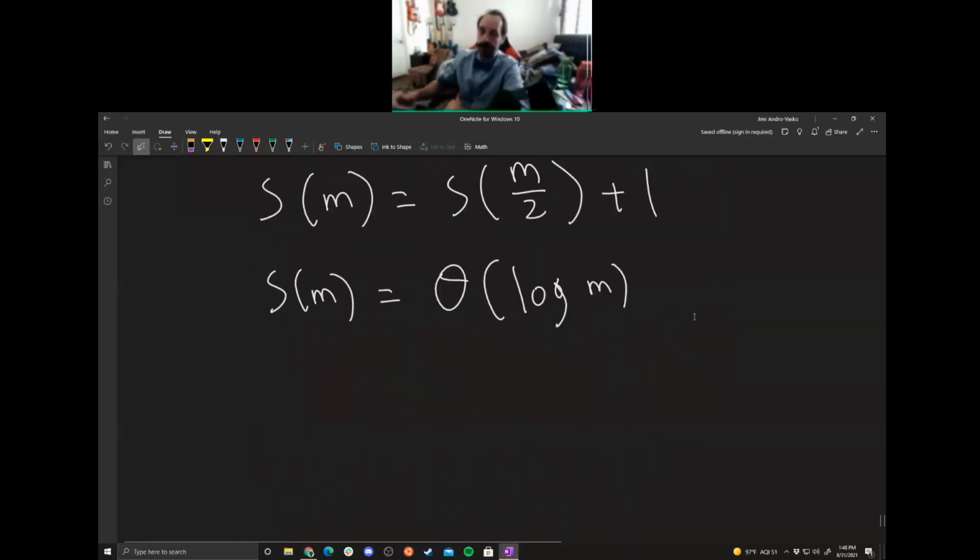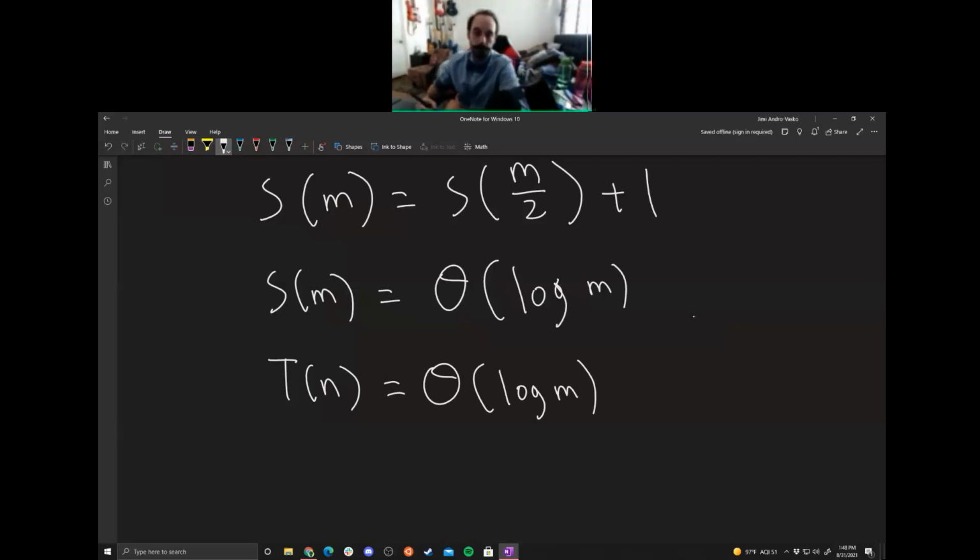So that means T of n also equals theta log of m. And we have to substitute m, because m actually equals log 2 of n. So this will be theta log n. So the log of n.